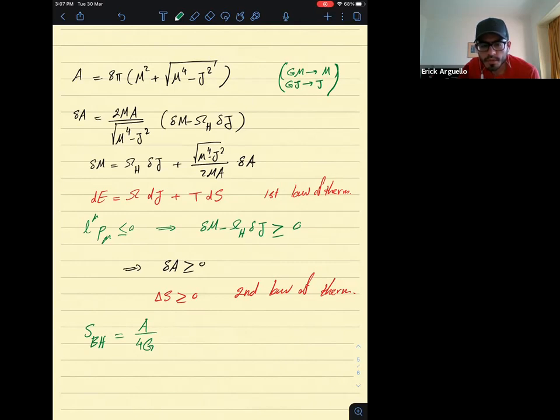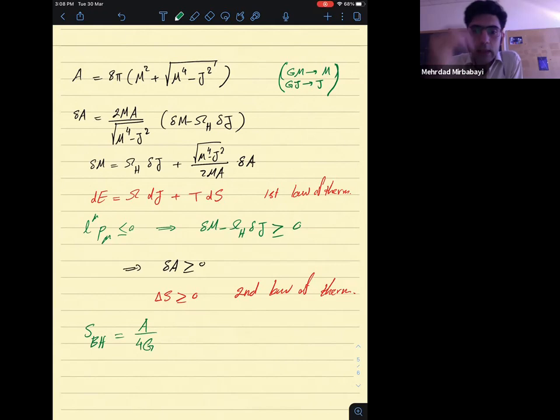But is there another way of seeing this association, or is it just by looking at these two laws of thermodynamics and the similarity between them? You are asking if there is another way to show the connection between area and entropy.